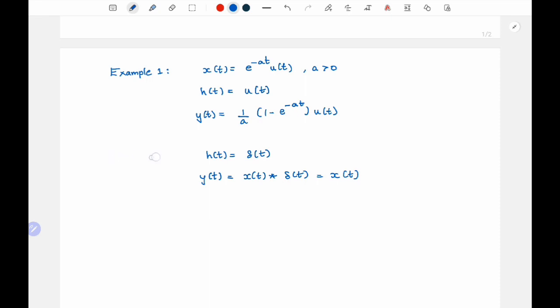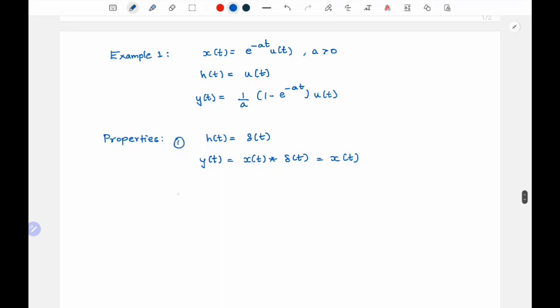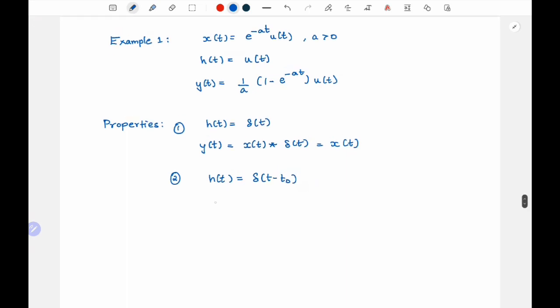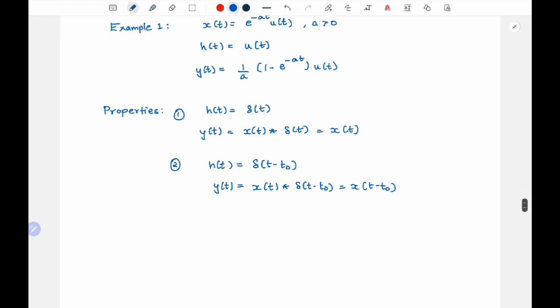So let me call it properties. And if h of t is some delta of t minus t naught, then y of t is x of t convolved with delta of t minus t naught, which is nothing but x of t minus t naught. So if it is plus t naught here, you will get x of t plus t naught.